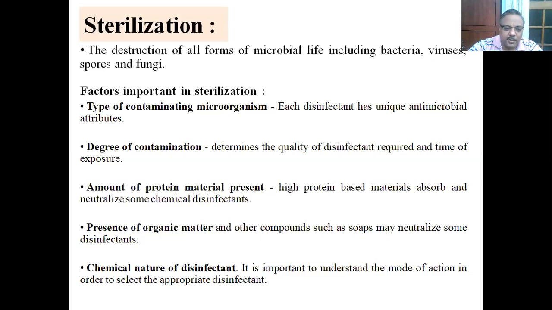Whether it's a small contamination or a large portion of the surface is contaminated. Third is the amount of protein material present. How many RNAs of the concerned microorganism are present. Presence of organic matter or another compound such as soaps may neutralize some of the disinfectants, and the chemical nature of the disinfectant.